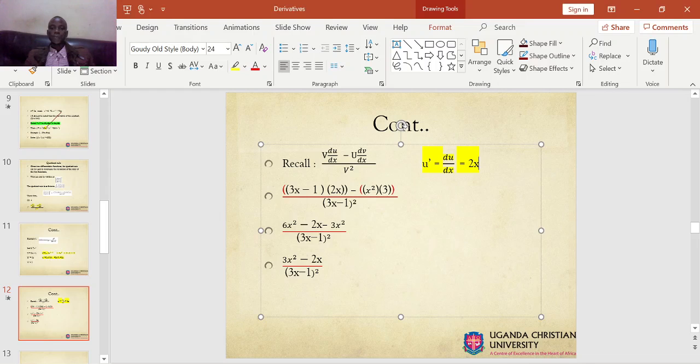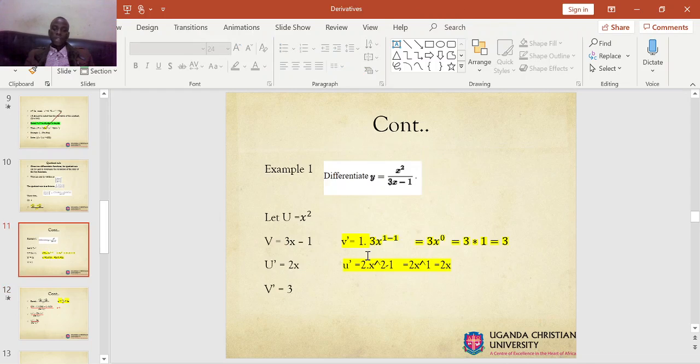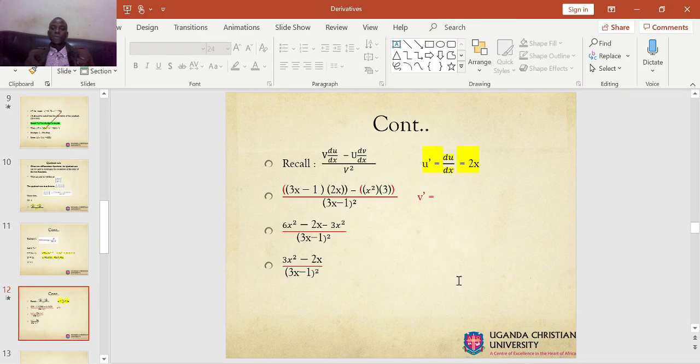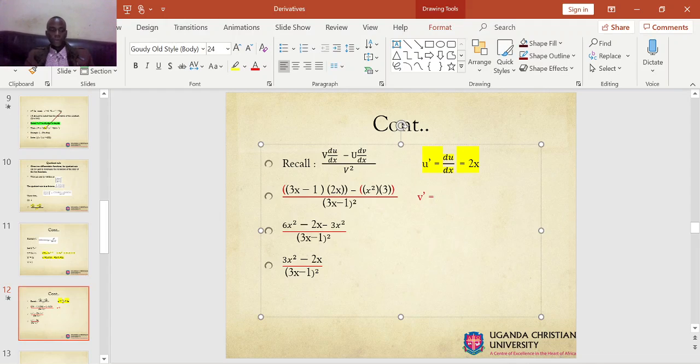2x, and then the derivative of v was 3. Remember, I'm putting this because we will need it to substitute into our formula.